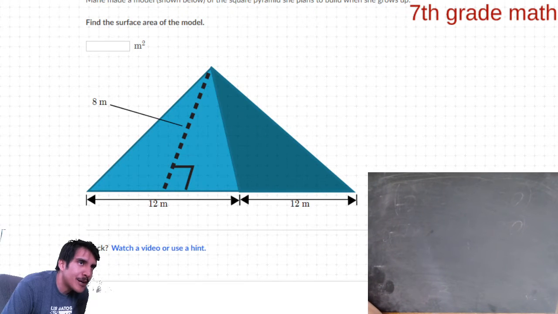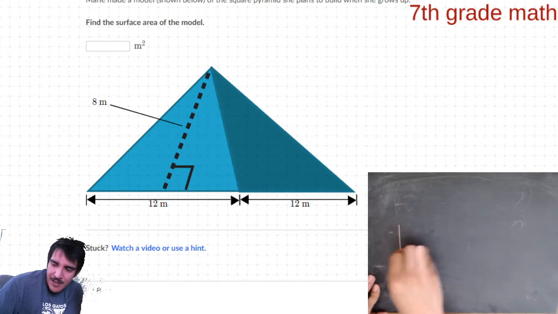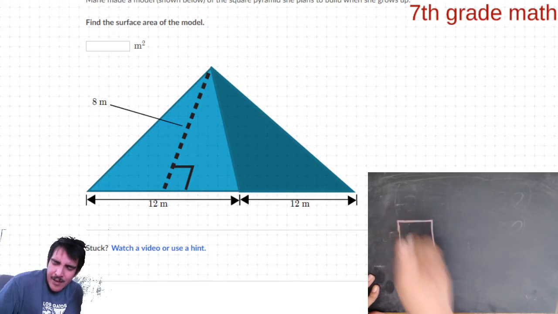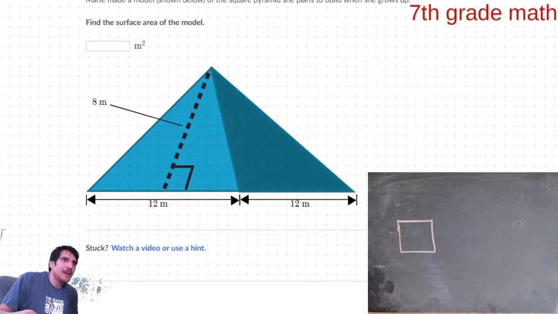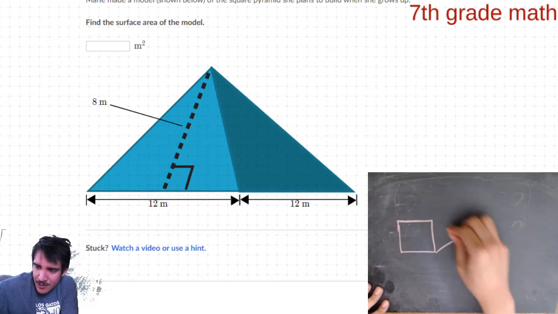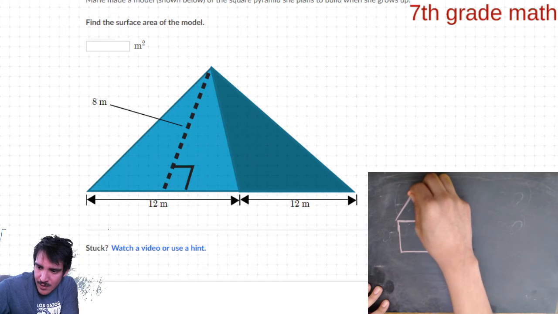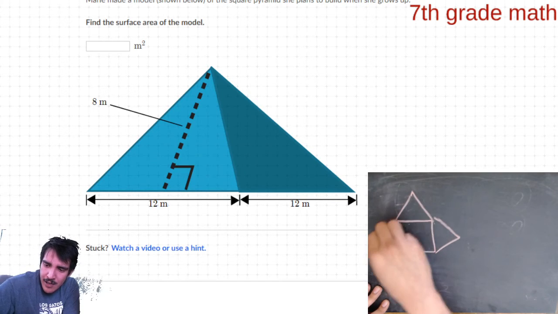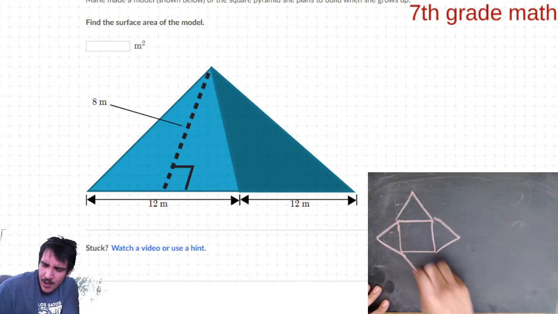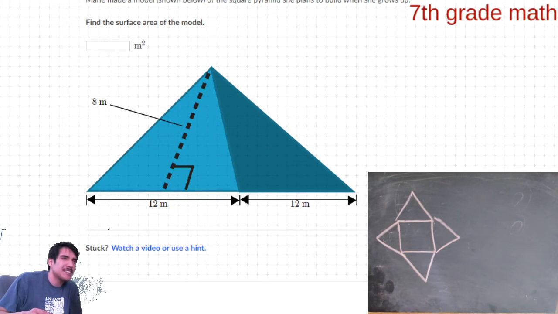If you have a square pyramid, that means the bottom of it is a square. And then if you unfold a pyramid, you're going to have triangles on all sides of the pyramid. It's going to look like this, okay? So there's the net.